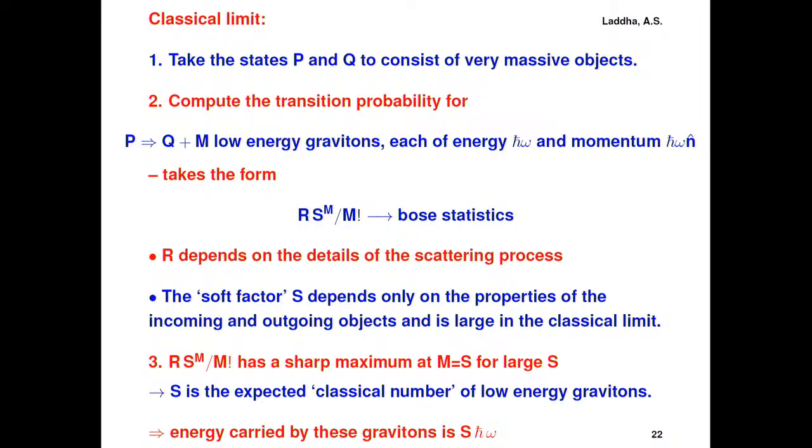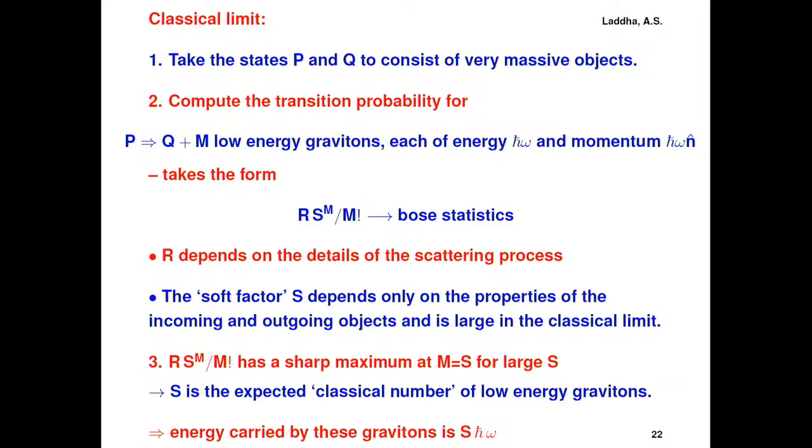Each of these we take to carry some energy, h bar omega, where h bar is the Planck constant, and momentum, which is h bar omega times the direction n hat, a unit vector. And what one finds as a consequence of the soft theorem is that the dependence of this transition amplitude on m has a very simple form. It takes the form R times S to the m over m factorial.